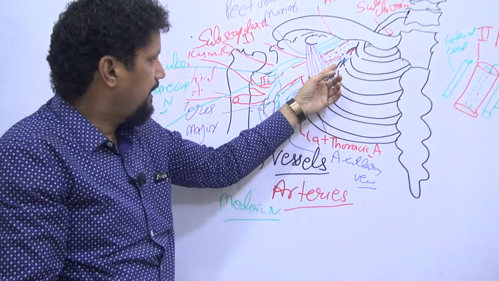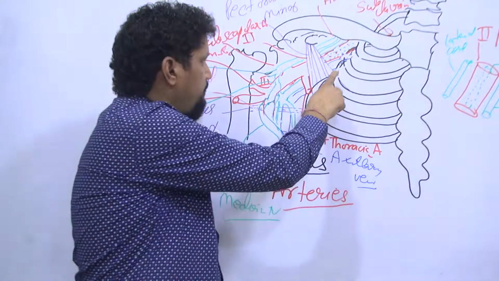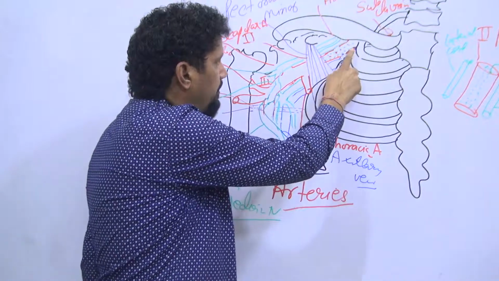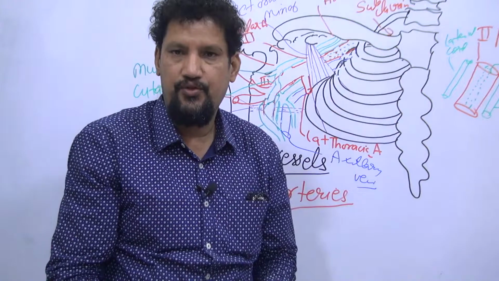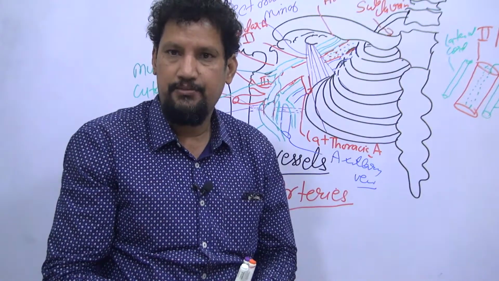When this vein leaves the outer border of the first rib, the name of the vein is changed from axillary to the subclavian.